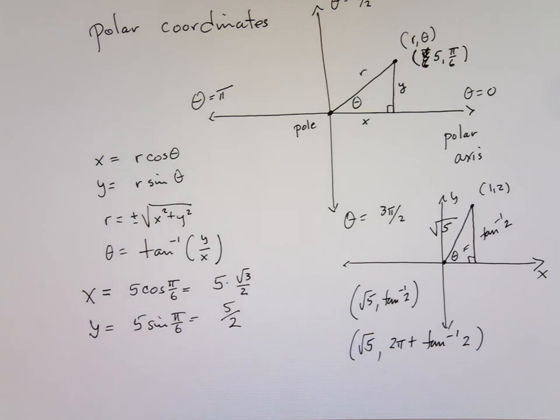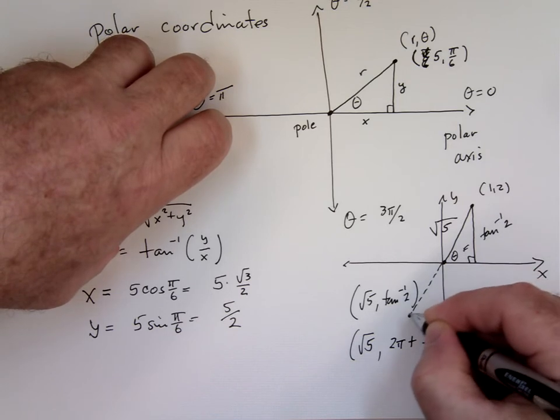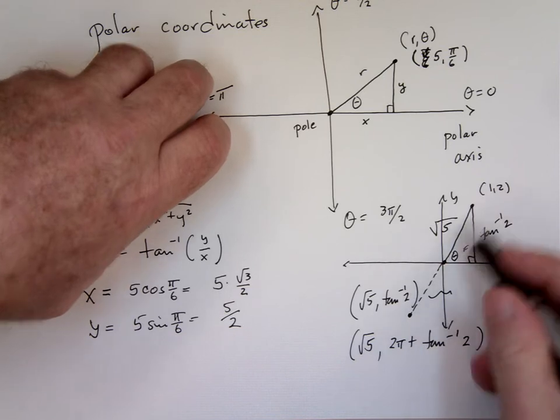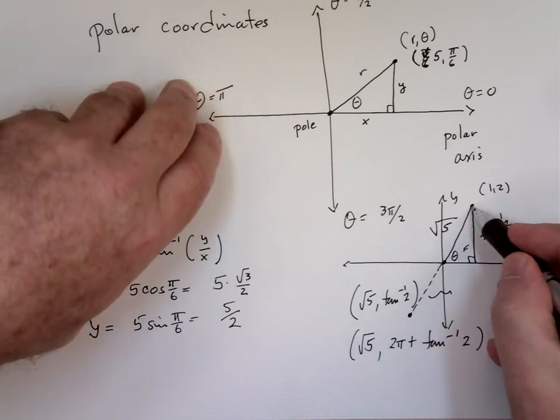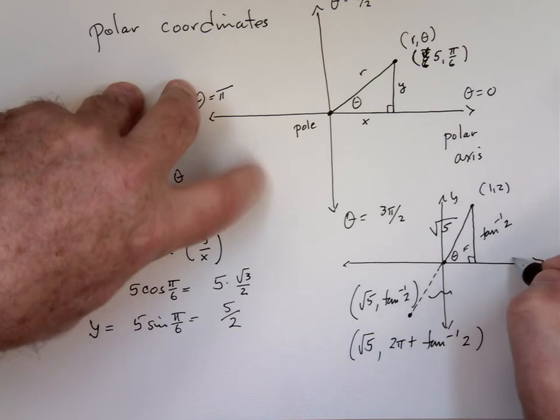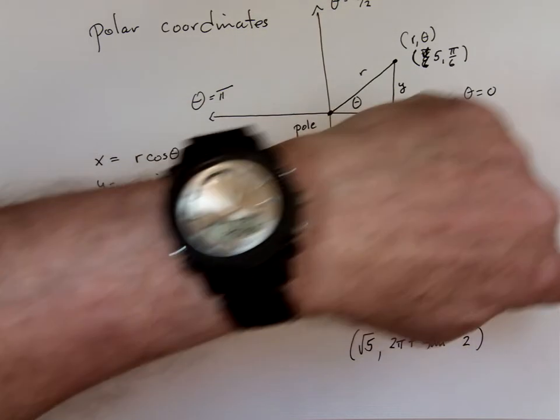But yet there are other ways of doing this. Watch this. If you were to go this direction and say this is a distance of square root of 5, we could still get back here by using a negative square root of 5 as our distance with this angle. What angle would this be?